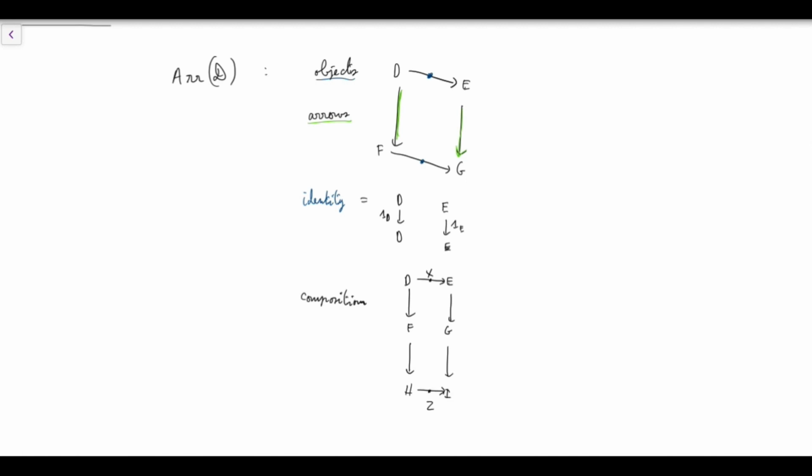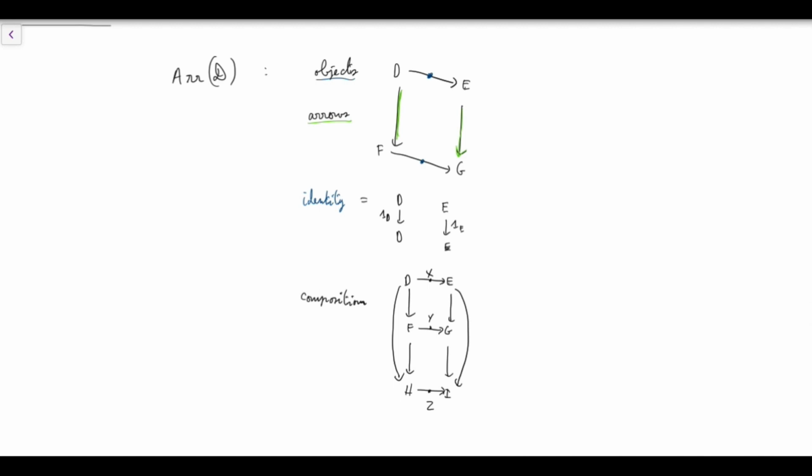Composition between two pairs of arrows, between X and Y and Y and Z, would obviously be the pair of composite arrows, which would give us an arrow of D between X and Z. And since each square commutes, the composition would indeed commute, and that would qualify to be an arrow in arrow D.